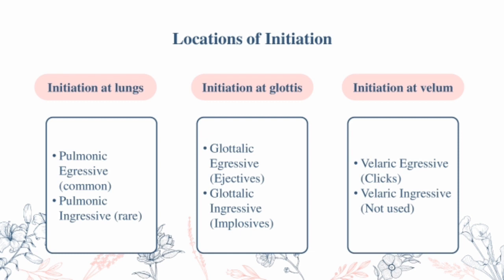The second is initiation at glottis. The kinds are glottalic egressive and glottalic ingressive. The third is initiation at velum. The kinds of initiation at velum are velaric egressive and velaric ingressive.